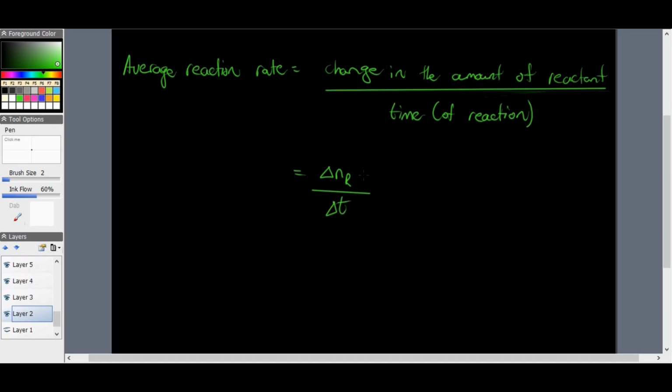The mole is the amount of substance, so the change in the amount of reactant divided by the time. The amount of a substance is the mole, that's why you see n.